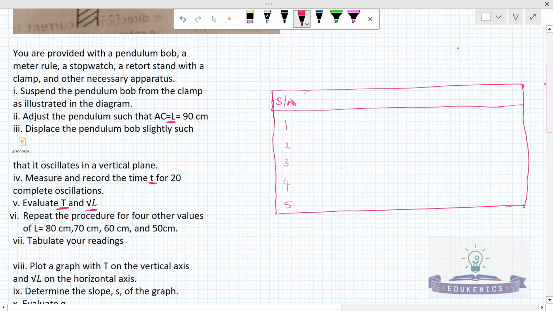So we have 4 others. So 1, 2, 3. Make sure your lines are straight. I'm not using a ruler. 4, 1, 2. So yeah, something like that.